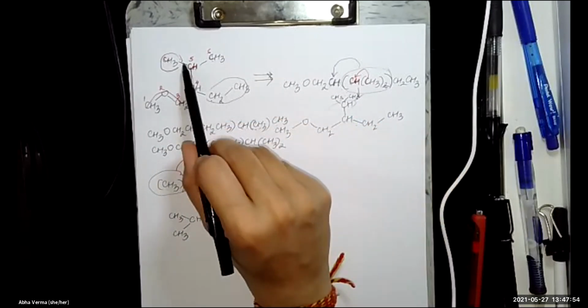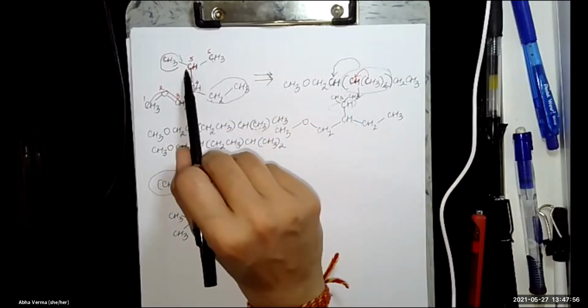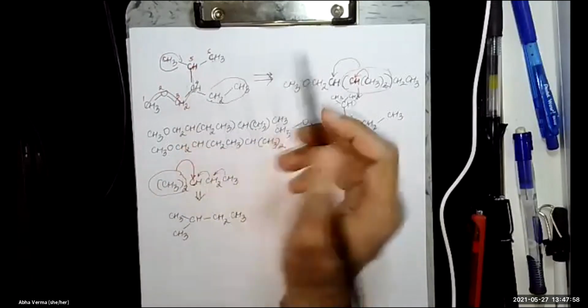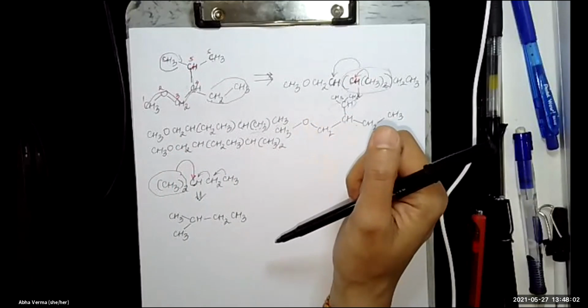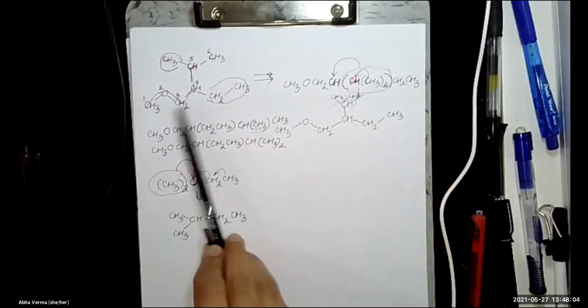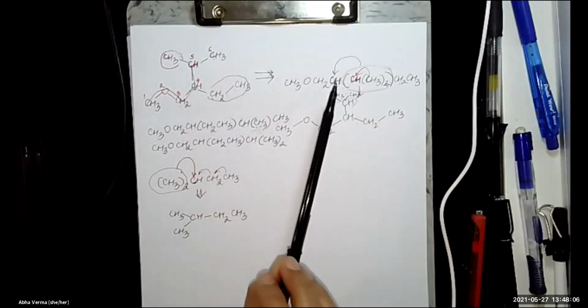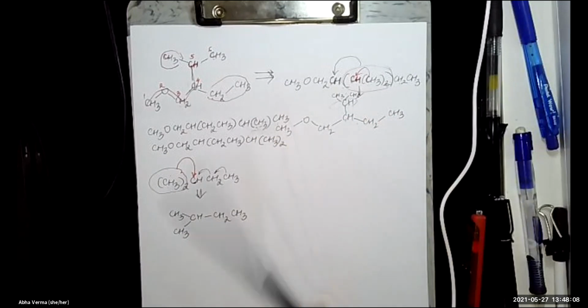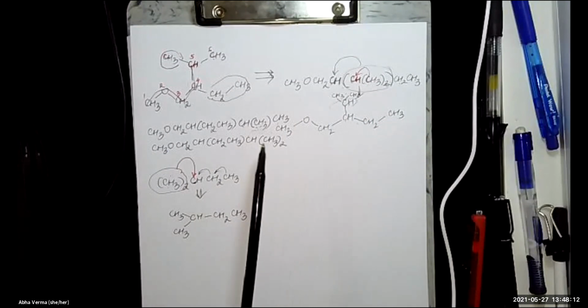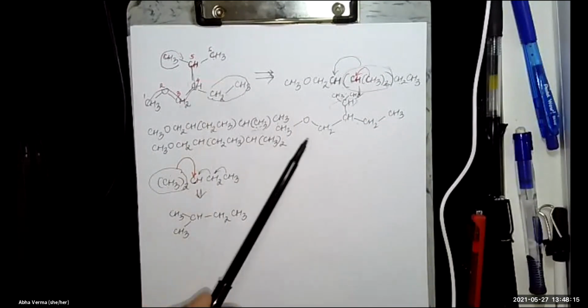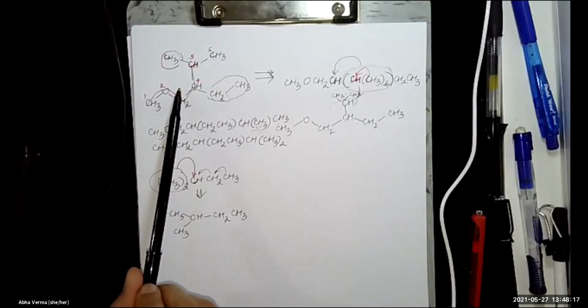Why? Because both of these CH3s belong to the same carbon. So you can write condensed structures in any of these manners, as long as when you expand it out, it goes back to the original.